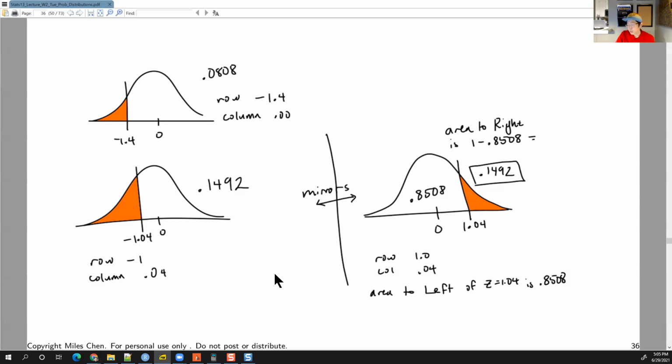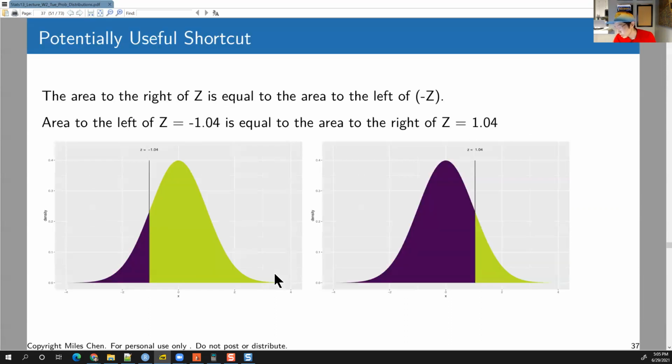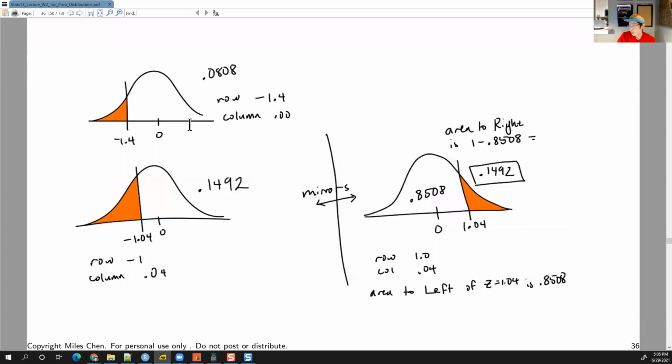And so one identity that could be useful is that the area to the right of z is equal to the area to the left of negative z, right? So when we said, what is the area to the right of 1.04? That area is equal to the left of negative 1.04. When you looked at the area to the left of negative 1.04, you got 0.1492.